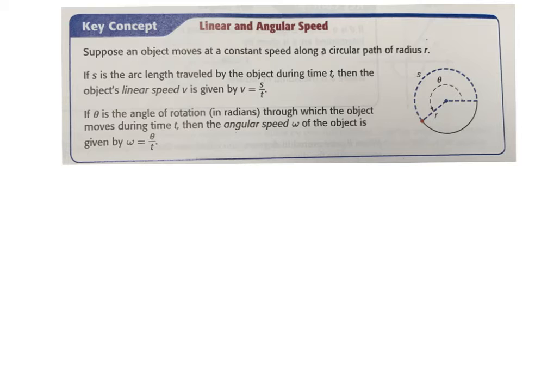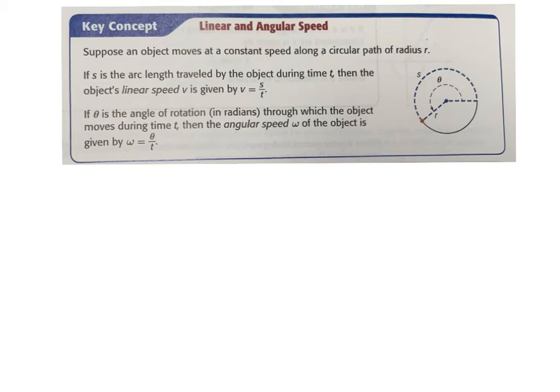Top of page 236, we give some definitions here. Linear and angular speed. So think about it like a tire. It's the best description that you can have, or a time, like a clock. We'll talk about that too. The linear speed is if you were to take one part of your tire and how far that one piece traveled.